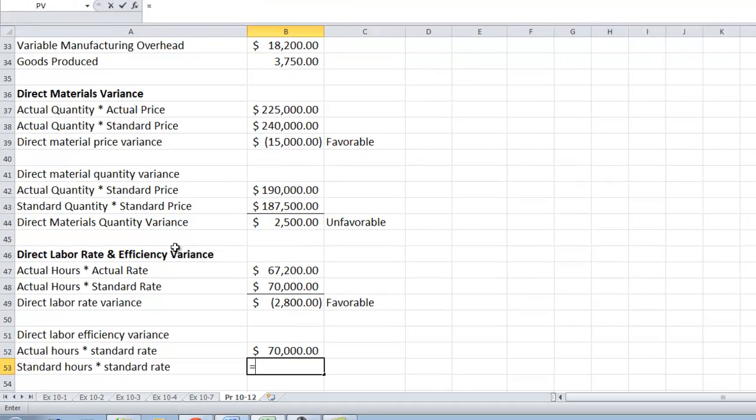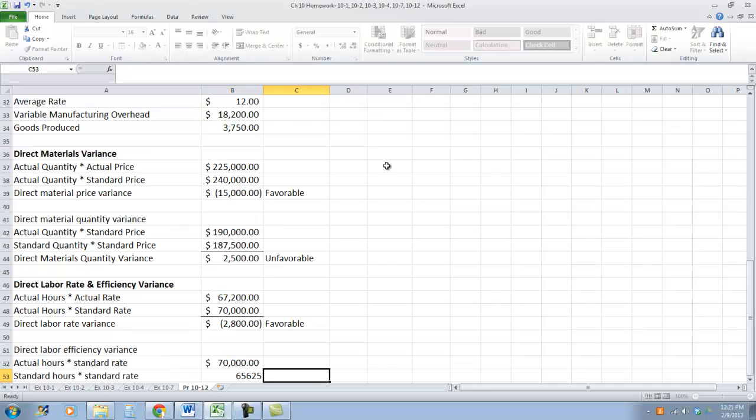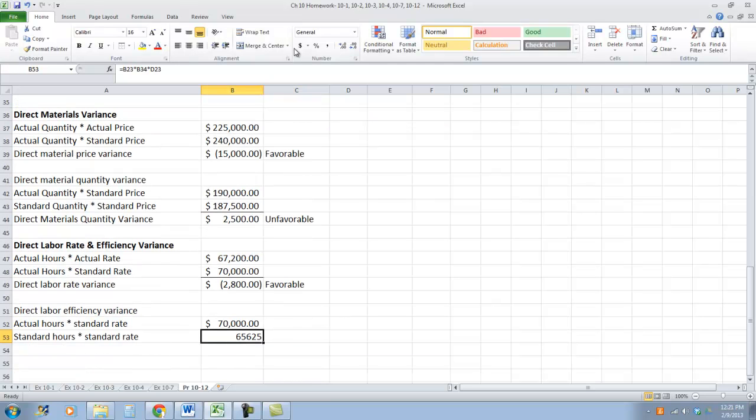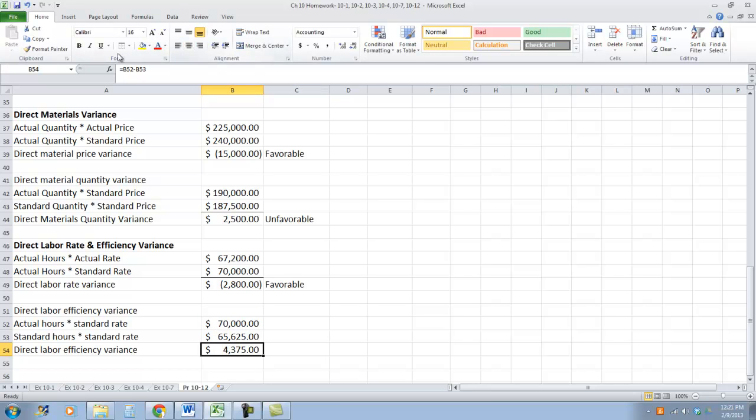Standard hours was 1.4 times the number that we produced, times our standard rate of $12.50 an hour. So, direct labor efficiency variance. And this is unfavorable.